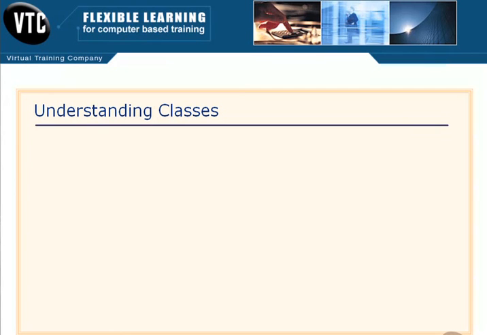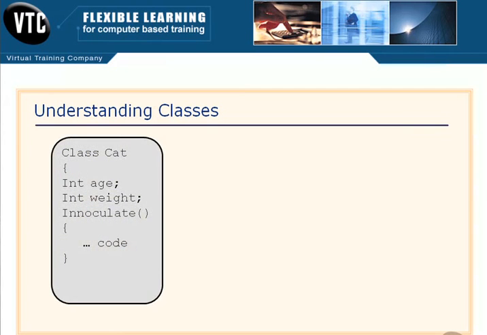Now let's look at a visual that I think will help you understand classes. We open up a coding environment and notice we create a class, okay? And this class is called cat. And inside the braces on cat, we create an integer variable called age. We create an integer data typed variable called weight.